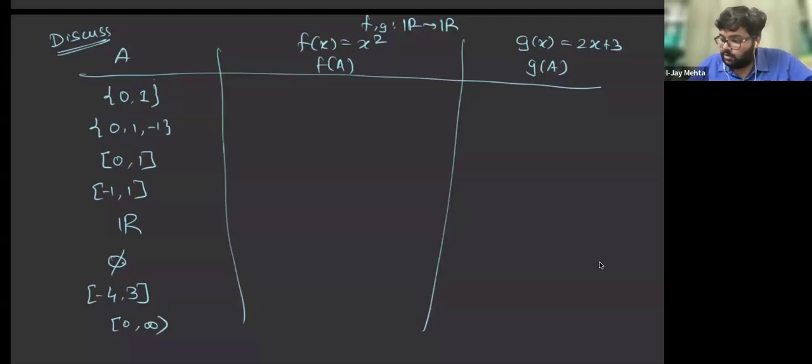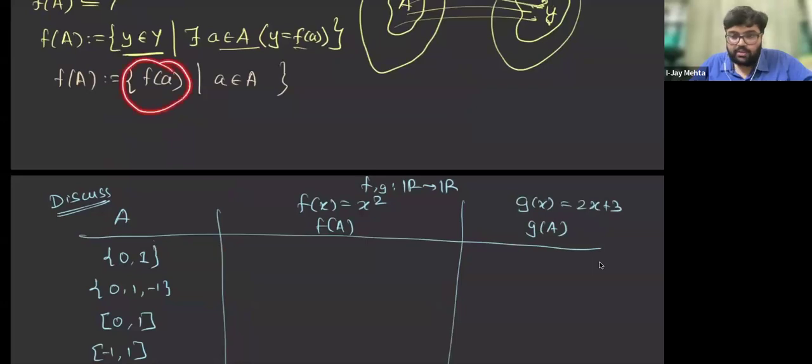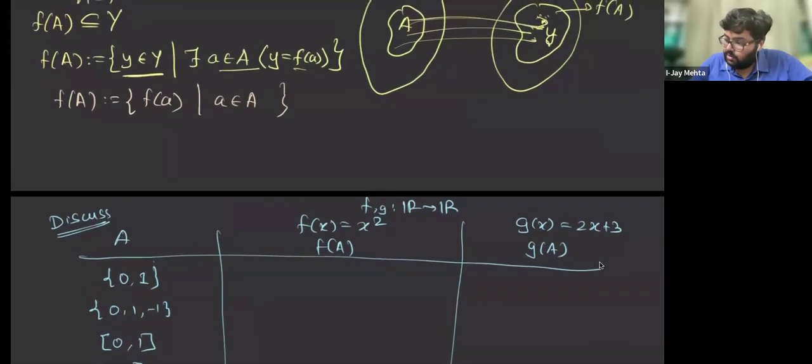For all this, you have to find f of A, right? How do you find it? Just take the images of all elements in the set. And what is that set? Also discuss when do we say that y is not in f of A. y is in f of A if it satisfies this. Is it fine, all of you?